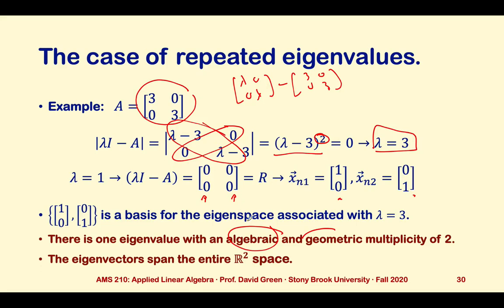The eigenspace associated with this, the null space of the 0 matrix, is all of 2-dimensional space. The geometric multiplicity is also 2. Because we have a geometric multiplicity of 2, 2 linearly independent eigenvectors, these span all of R2 space.